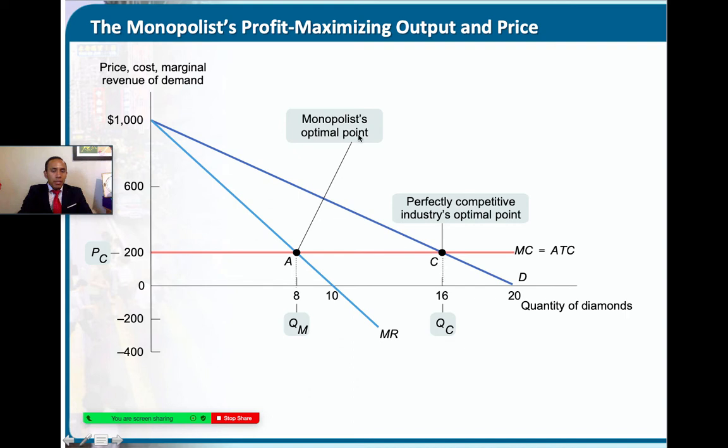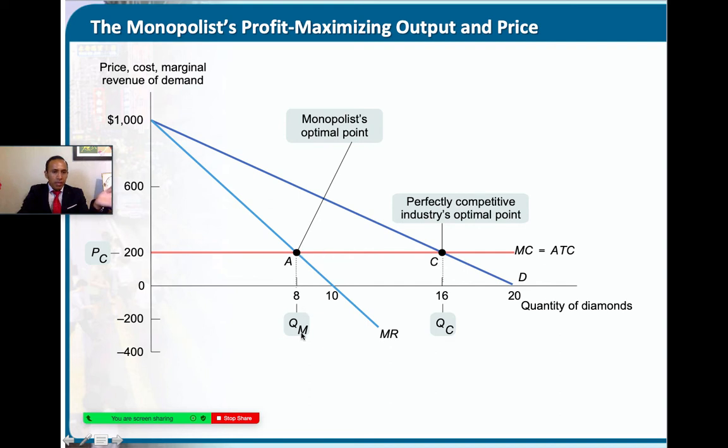A monopoly doesn't operate that way. A monopoly operates in a way that it will produce less output and set a price. So if we follow our optimal production rule, where marginal revenue of the last unit produced is equal to the marginal cost of the last unit produced, which happens at point A, where both of them cross or intersect one another, we have fulfilled that condition.